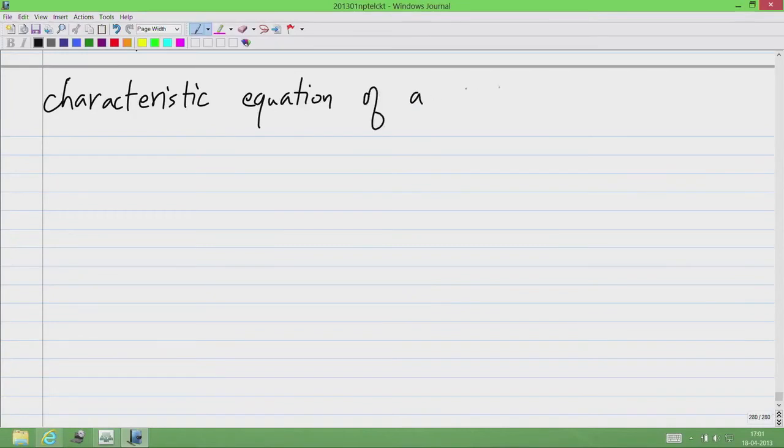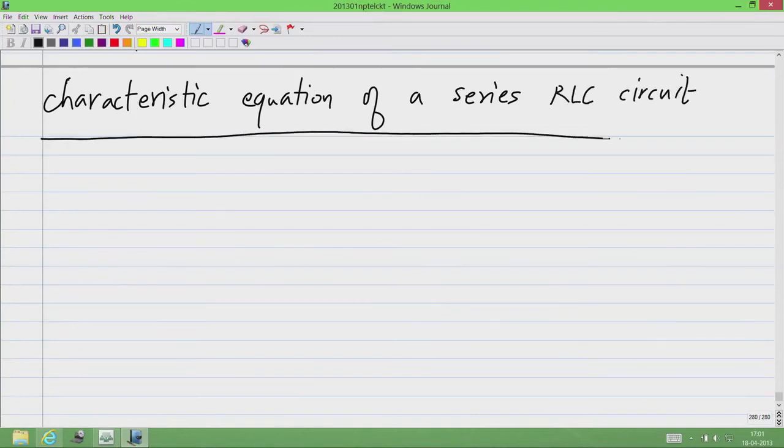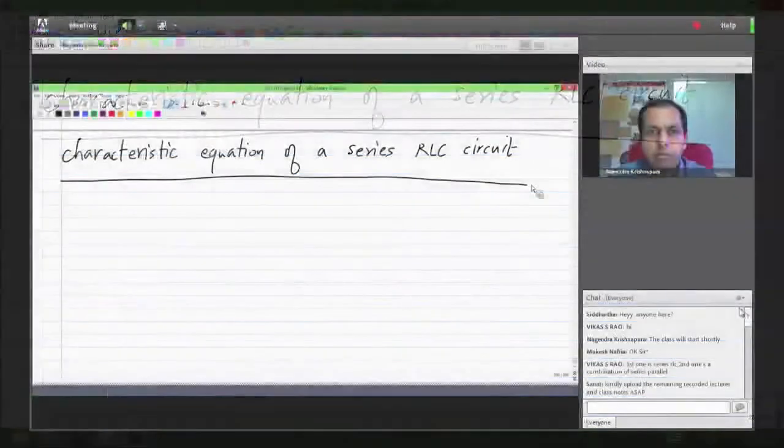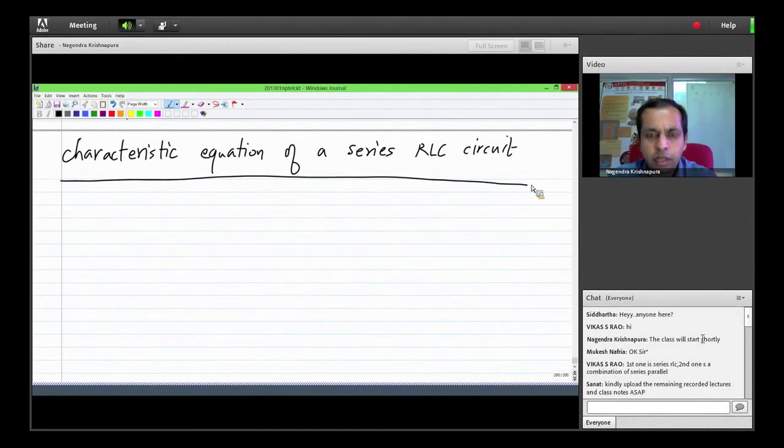So, this is the characteristic equation of a series RLC circuit. As I have been emphasizing, I have taken Vc as an example of the quantity of interest, but you take a series RLC circuit. By that I mean, if you null the independent sources, you get a series RLC, and then you pick any variable of interest, the inductor current, capacitor voltage, whatever it is.